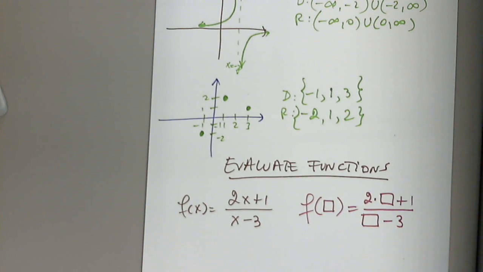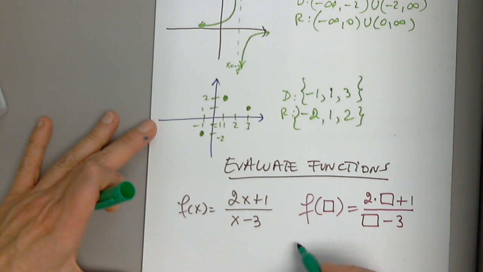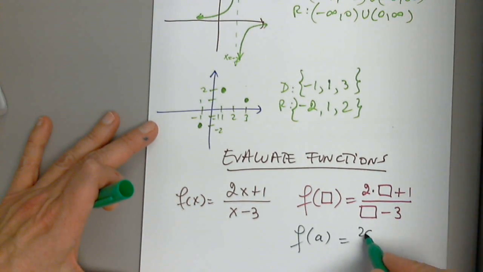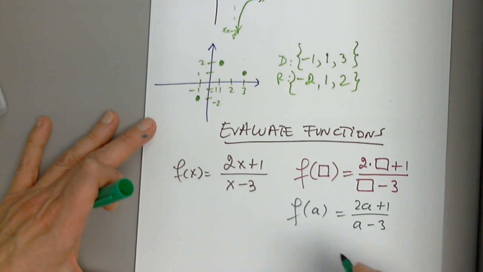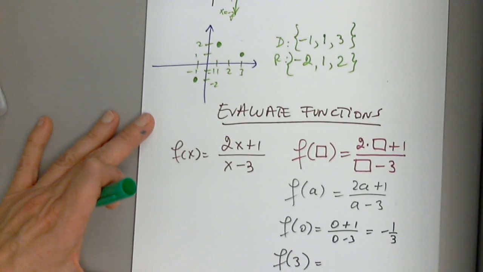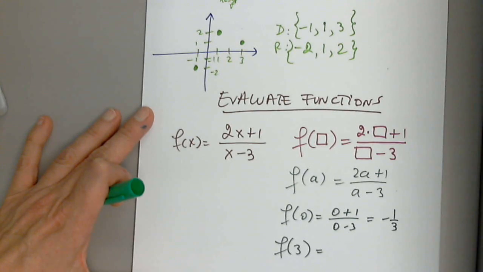Once I understand this, whatever you ask me to evaluate it for, for example, you say evaluate it for A, I'll say no problem. 2A plus 1 over A minus 3. If you ask me evaluate it for 0, I'll say no problem. 0 plus 1 over 0 minus 3 is negative 1/3. If you say evaluate it for 3, what will you say? 3 plus 1 over 3 minus 3.